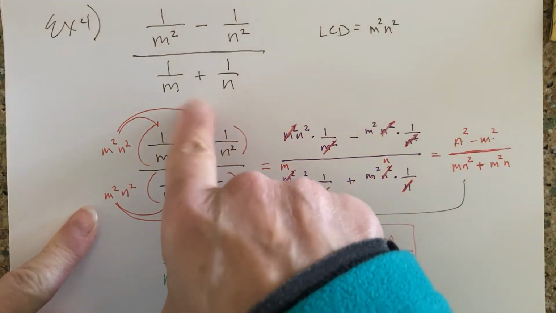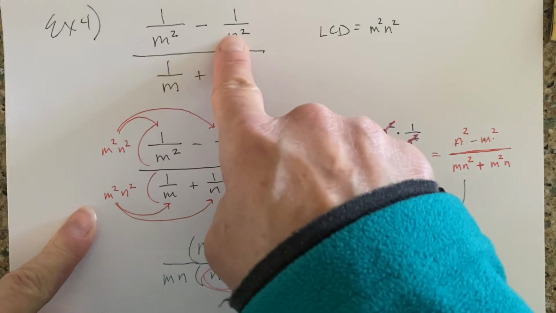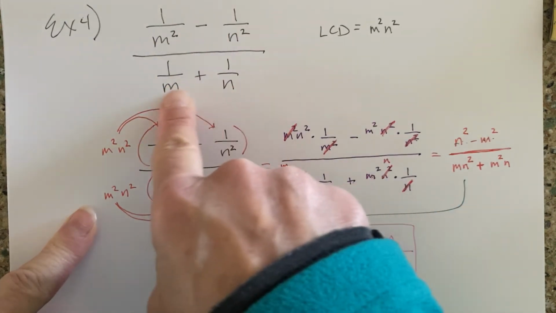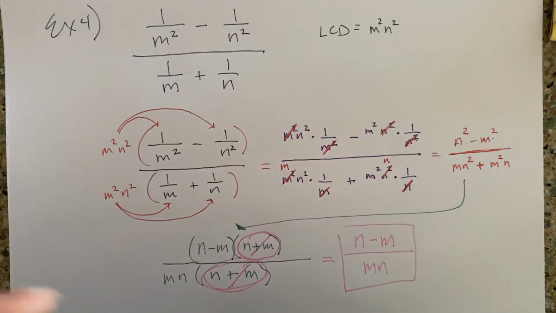Otherwise, if you don't do it this way, you have to write this as a single fraction, write that as a single fraction. It's going to create a lot more work by having to rewrite the fractions over LCDs, combining them as one, and so on and so on. So choose wisely. Okay, let me know if you have any questions.